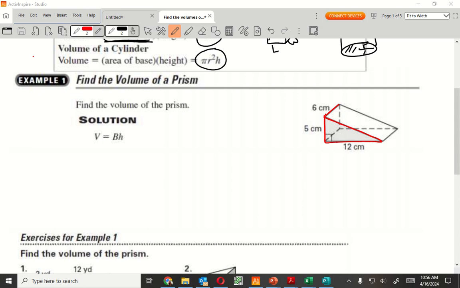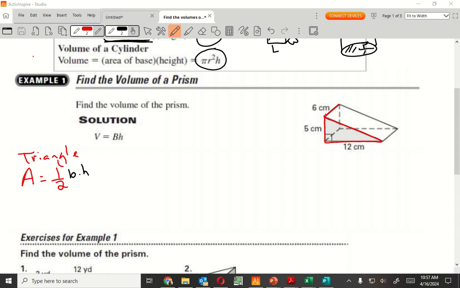So let's go ahead and start with the area of the base. So the area of a triangle, for you people that forgot, is 1/2 base times height.